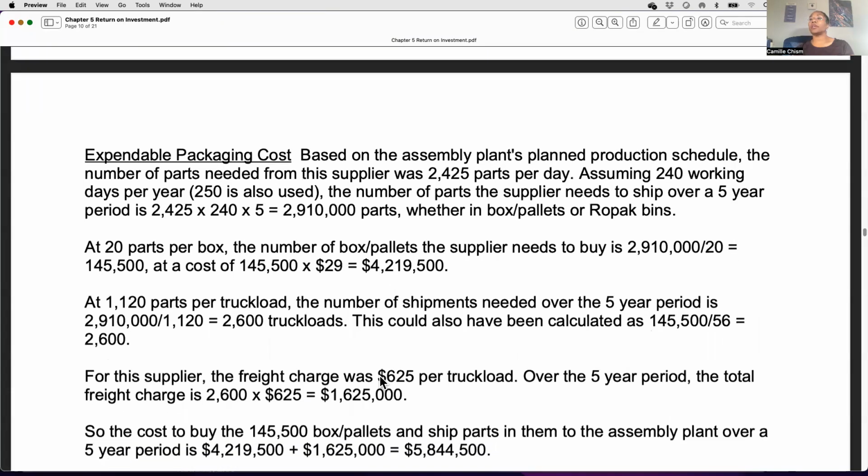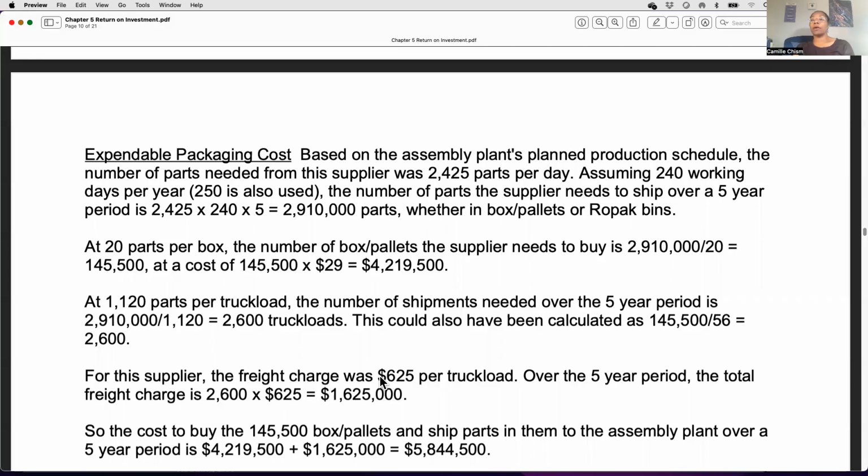Okay, so things that you're looking at. You're looking at the cost of that expendable pack. I'm just gonna pull one little pallet out, expendable pack. Based on what that plant is making, we're gonna use 2,425 parts per day. In this particular example, we're using 240 days.